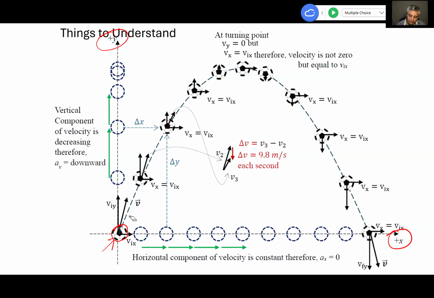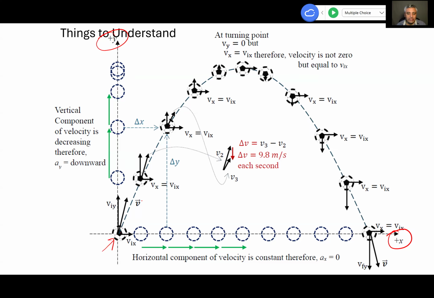This is how the motion looks. But when we try to analyze this motion directly, we don't know how to do that. If we break this into x and y components, we can use the kinematic equations that we have already learned in the x and y directions.